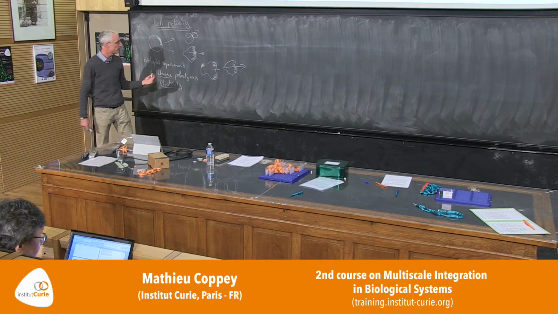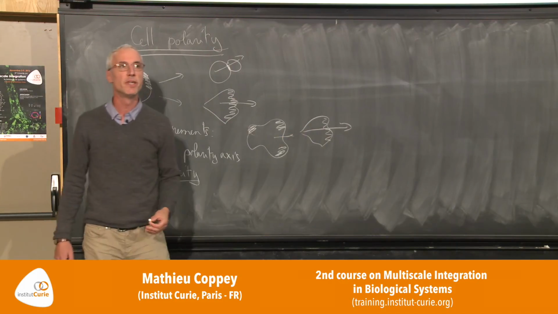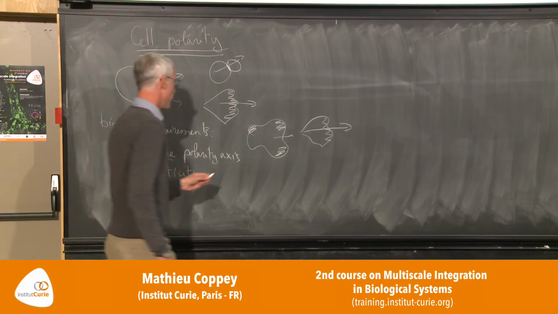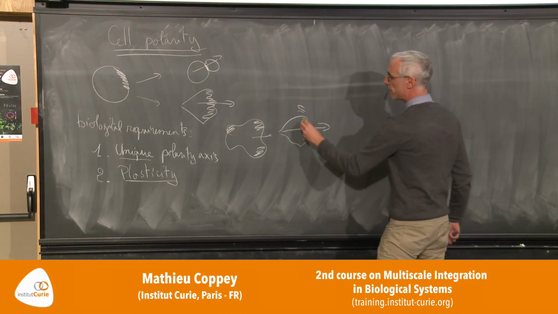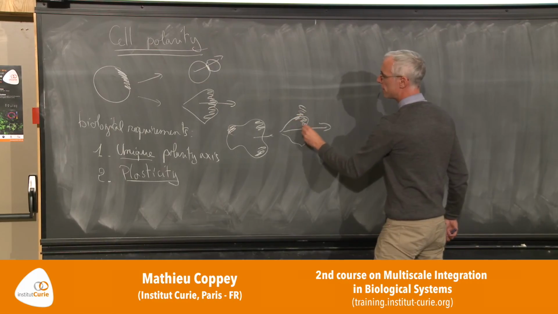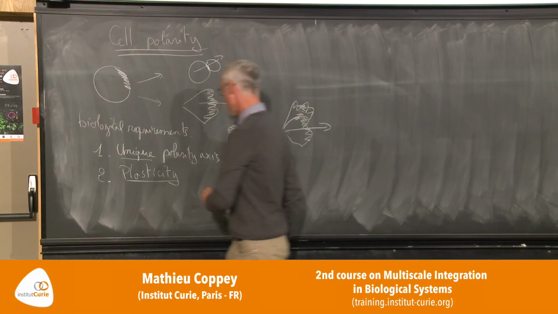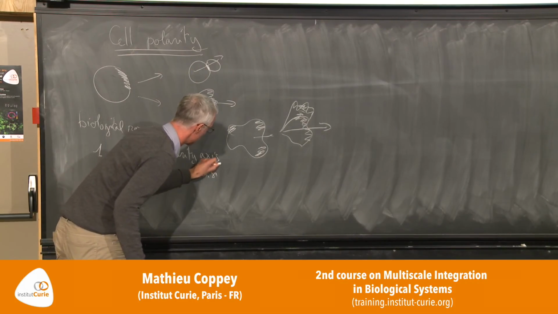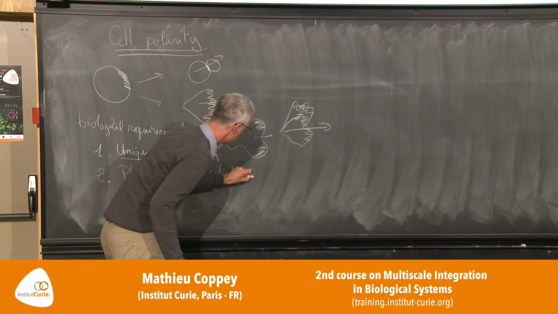This is particularly important during migration. Take this movie of a neutrophil that is chasing a bacterium. A new signal is coming, and the cell has to reorient its polarity axis and then start to move in this new direction. So this plasticity is the sensitivity to incoming signals.